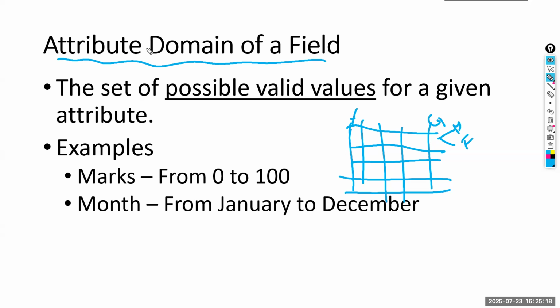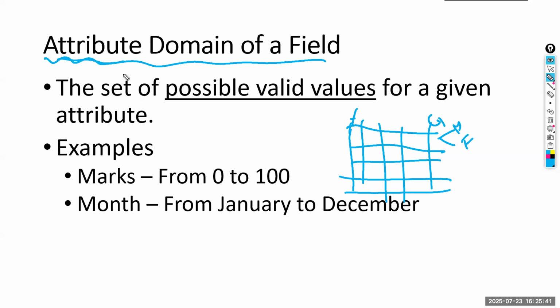Say, if it is account type, maybe savings account, current account. If it is district, maybe one of the 24 districts in Sri Lanka. But for some attributes or fields, there are unlimited possibilities.